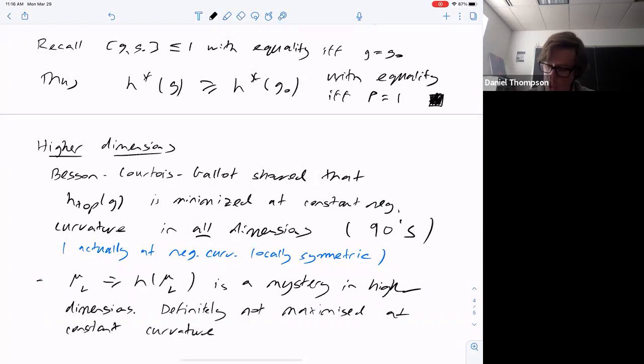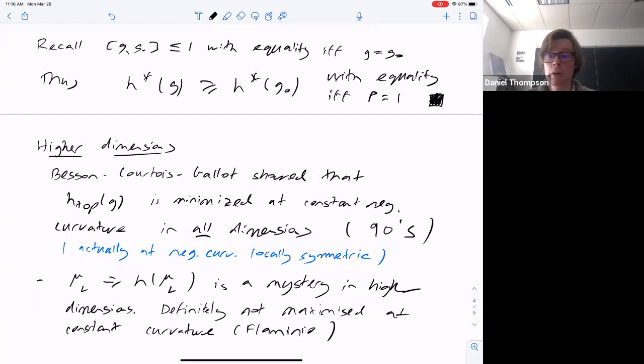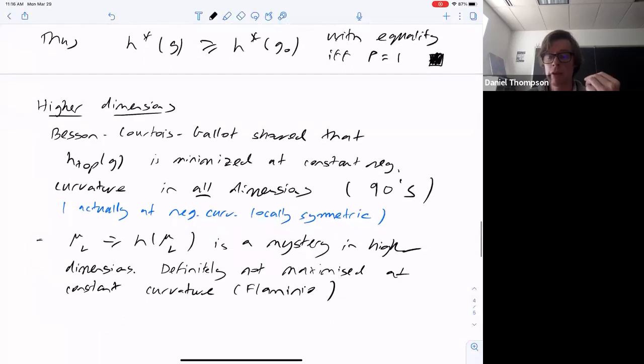And that was a result by Flaminio. He came up with an example of a 3-manifold, and he just did local analysis, studying the derivative of this functional at a particular 3-manifold. He could show that the derivative had mixed signs, and therefore not a minimum.